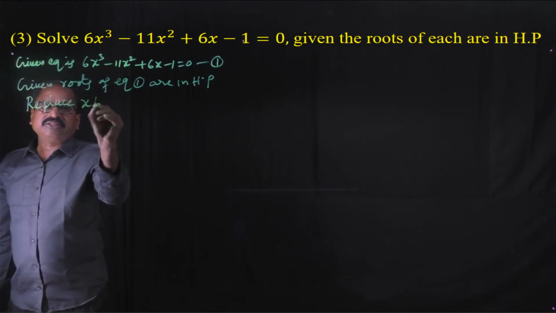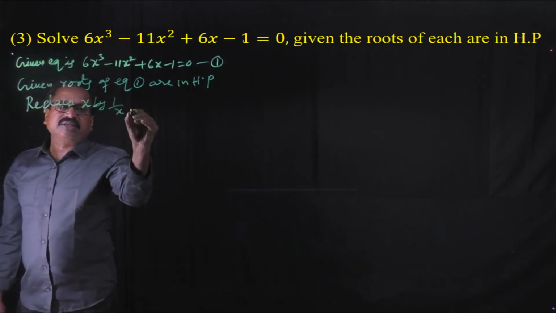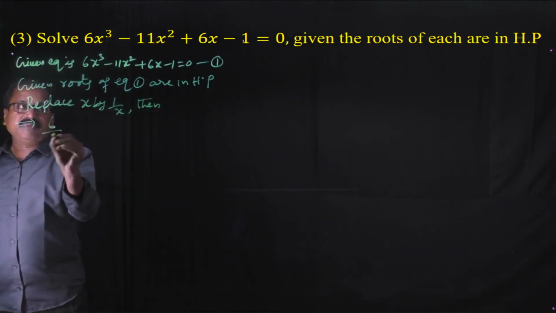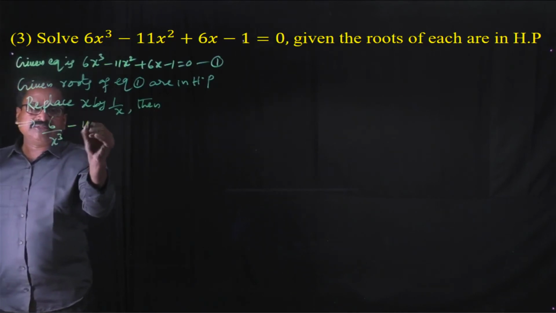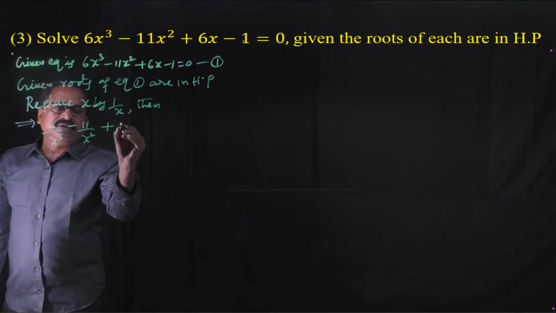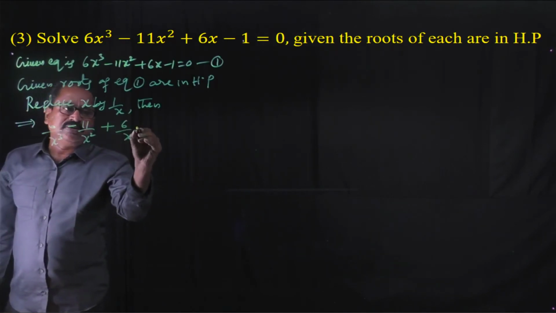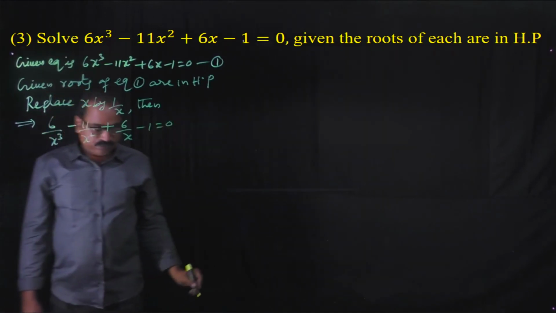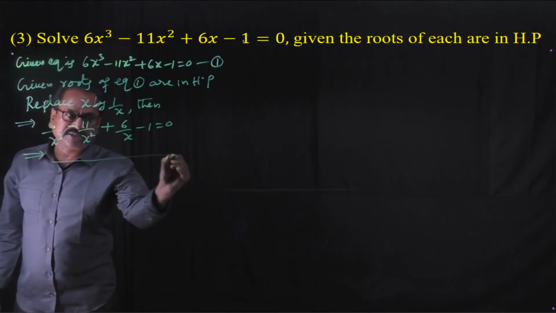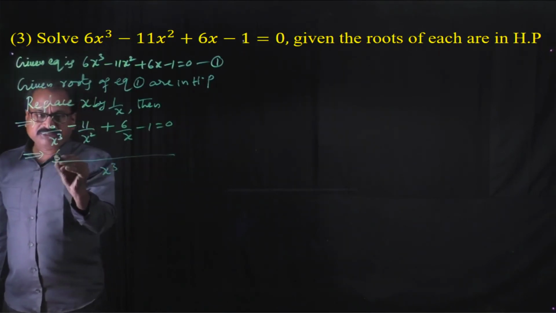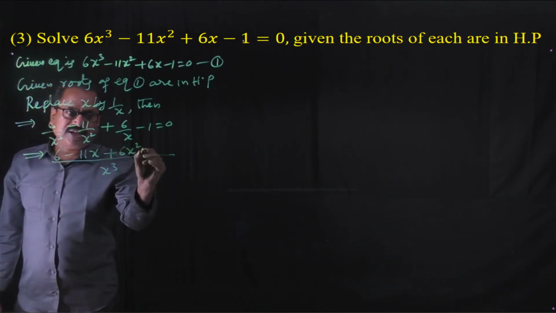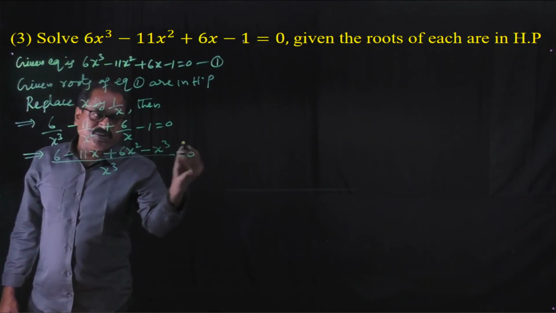Replace x by 1 by x. Then 6 by x cube minus 11 by x square plus 6 by x minus 1 is equal to 0. So this implies here LCM is x cube, 6 minus 11x plus 6x square minus x cube is equal to 0.